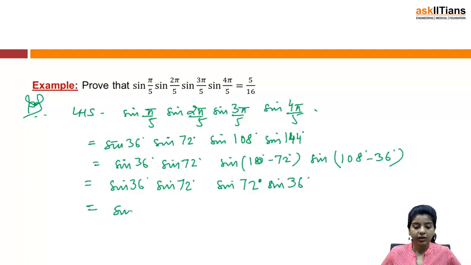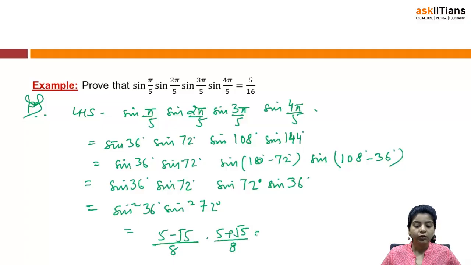So this gives me sine square 36 degree and sine square 72 degree. So this is equal to 5 minus root 5 by 8 into 5 plus root 5 by 8. So I have a minus b into a plus b, that means a square minus b square by 64, and so this is equal to 5 by 16, right?